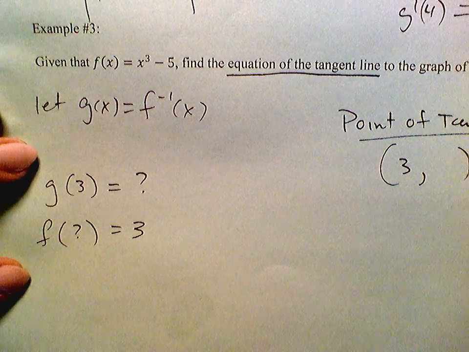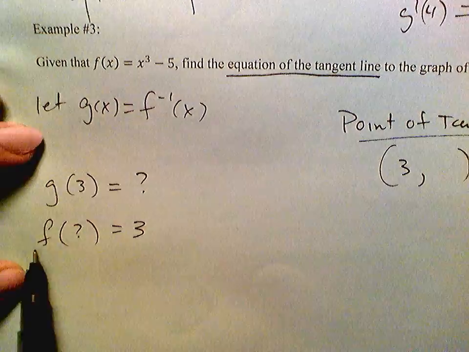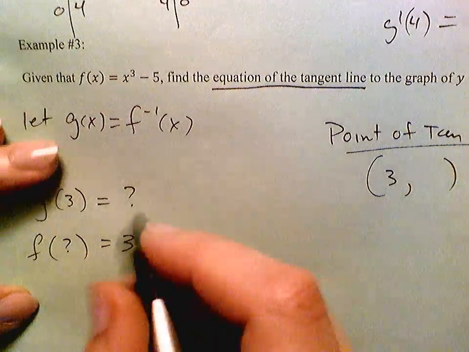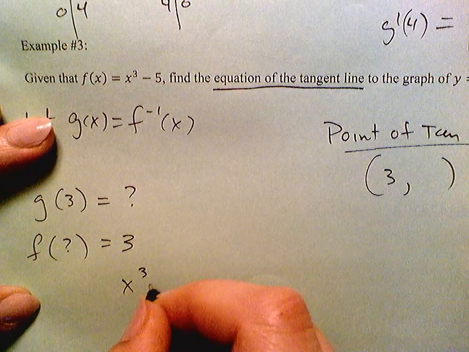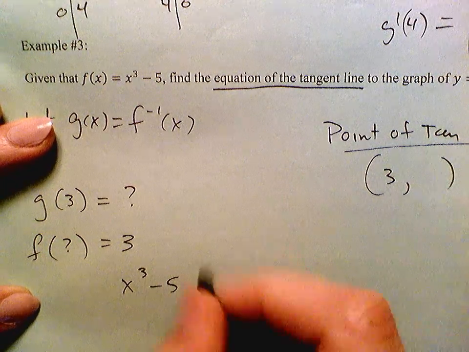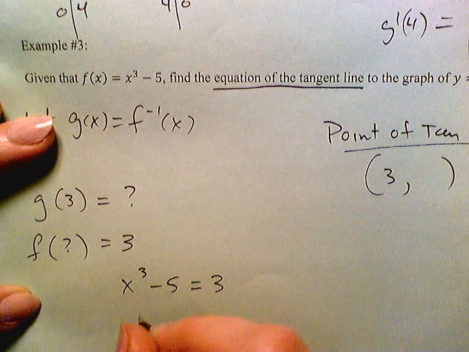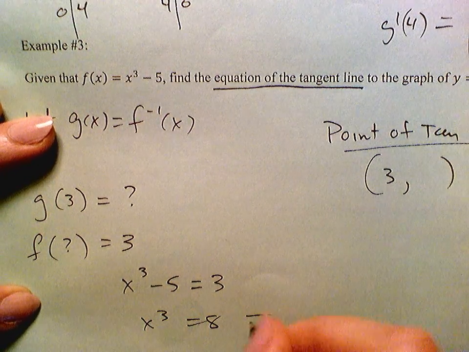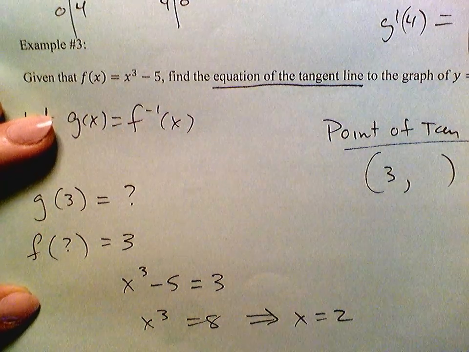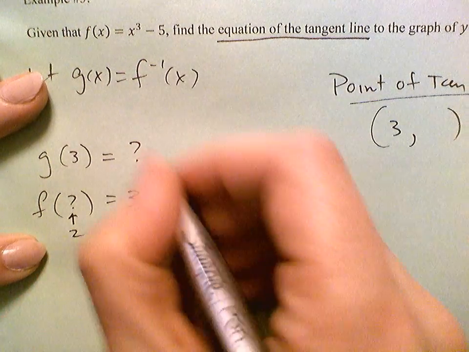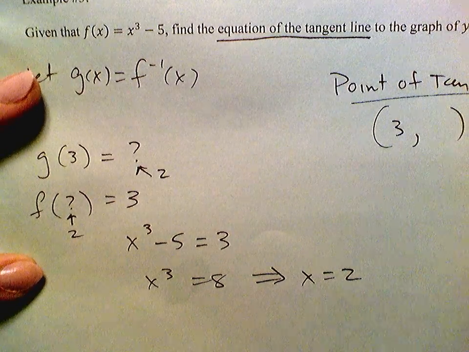So I can just take f of x, what I've got up here, and set it equal to 3. So x to the third minus 5 is equal to 3. So x to the third equals 8. So x equals 2. All right, so the question marks for both of them are 2.